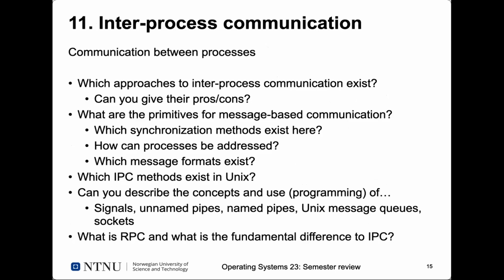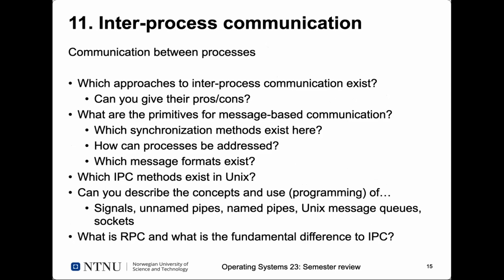So we talked about CPUs and memories, and we also talked about synchronization a bit. And so here we went a bit into more details in lecture 11 on inter-process communication. So you should know which approaches to IPC exist and give their pros and cons. So shared memory versus message-based.